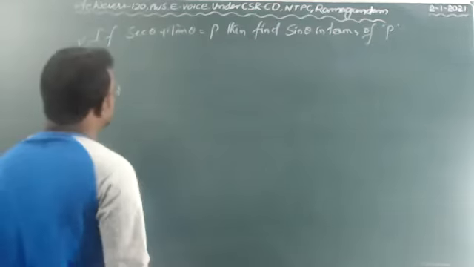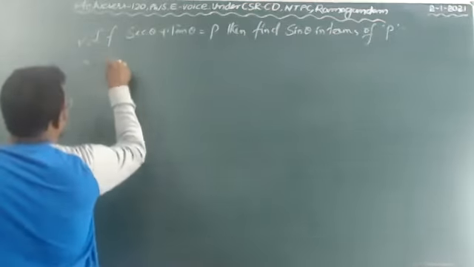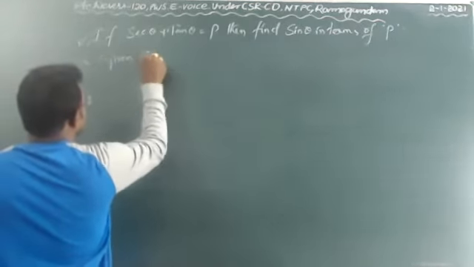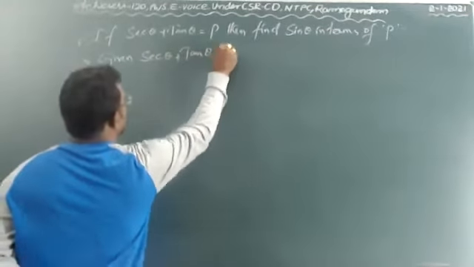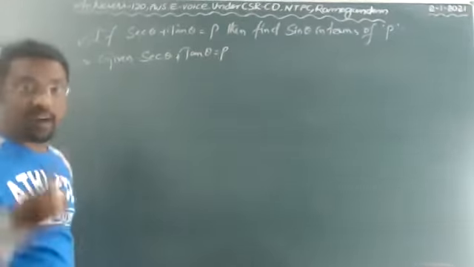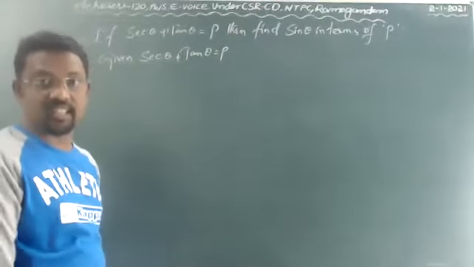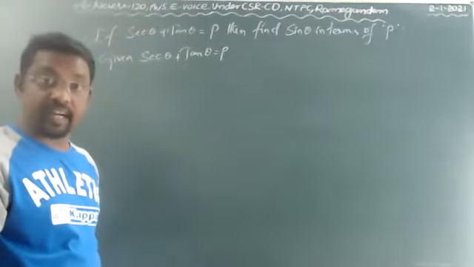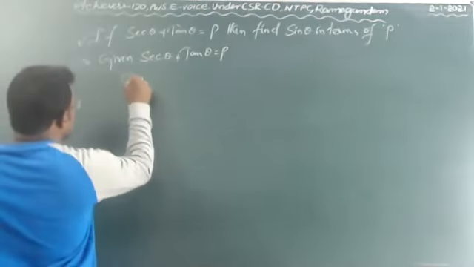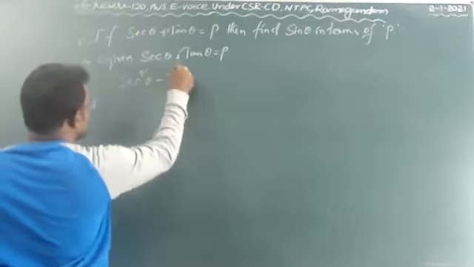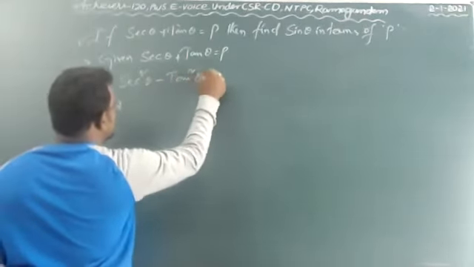What is given? Secant theta plus tan theta is equal to P. We have an identity of secant. What is the second identity? Secant square theta minus tan square theta is equal to 1.